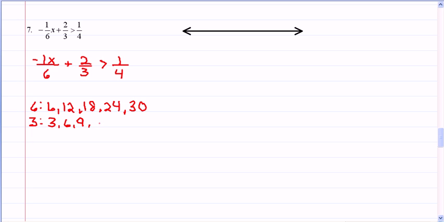And I always start by listing the first 5 unless I see a match. And I see a match at 12, so I'll stop 4's list, write 12, and so my least common denominator is 12.